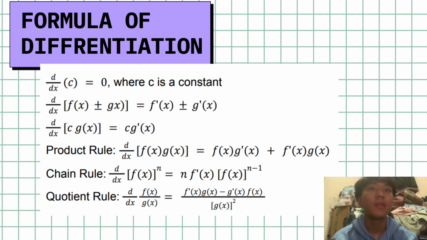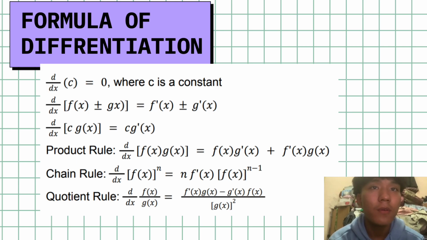The equation is d over dx of f(x) plus or minus g(x) equals f'(x) plus or minus g'(x). The third one is the multiple constant rule. The equation is d over dx of c g(x) equals c g'(x).